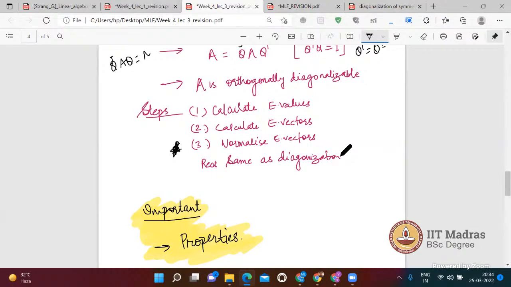You should not go through the Fibonacci sequence and all; it's not important for the exam, as it is an application of diagonalization. You will be checked on awareness of the properties of diagonalization, properties of real symmetric matrices, and calculating eigenvalues. That's it from this week.